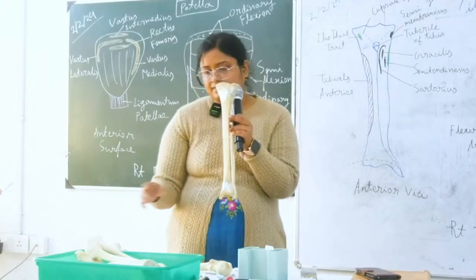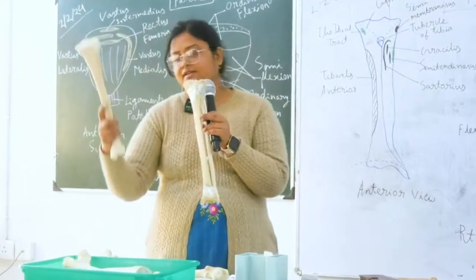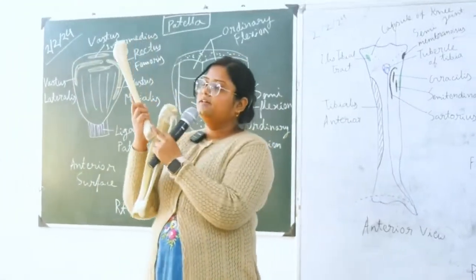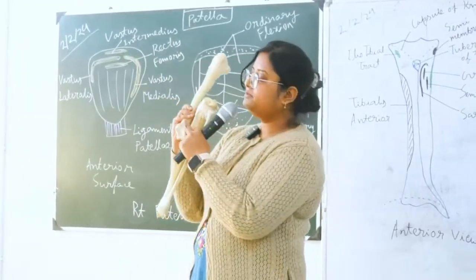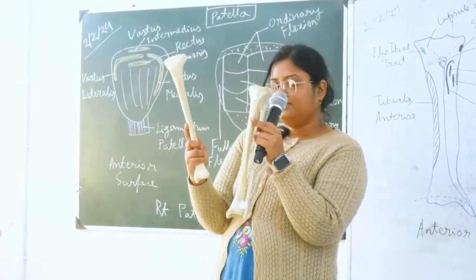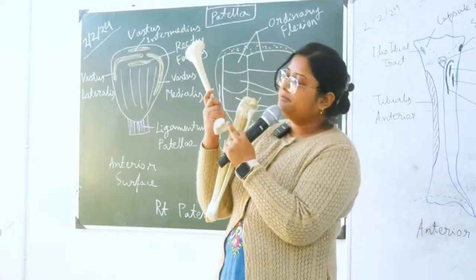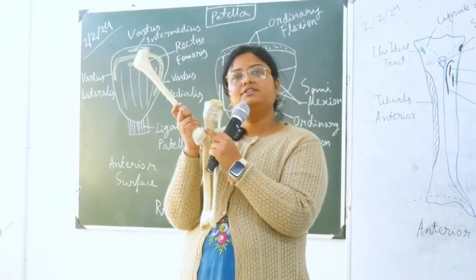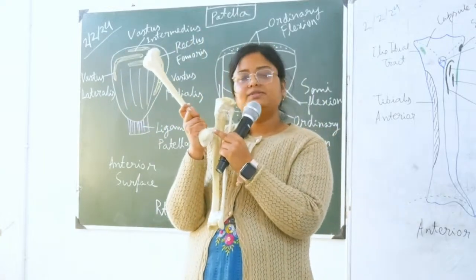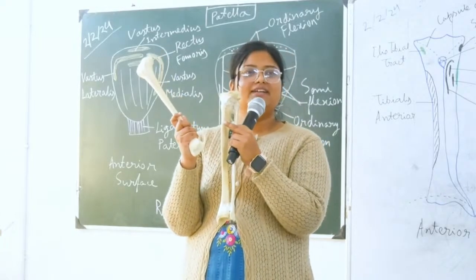And on the lateral side of this lower end, here is one triangular rough area, okay. It articulates with the lower end of fibula like this, okay, and it is forming the inferior tibiofibular joint, and these two bones are here connected by inferior tibiofibular ligament, okay.